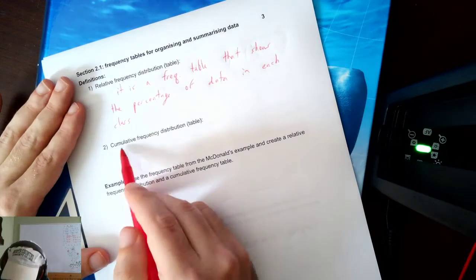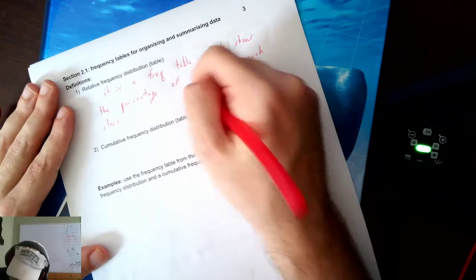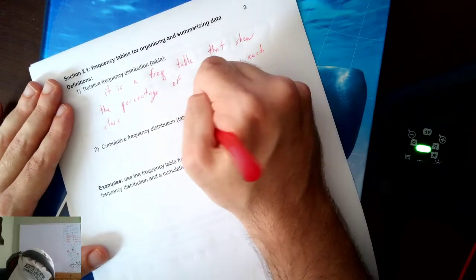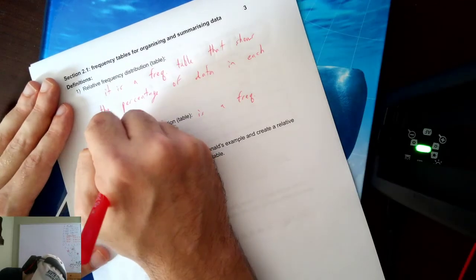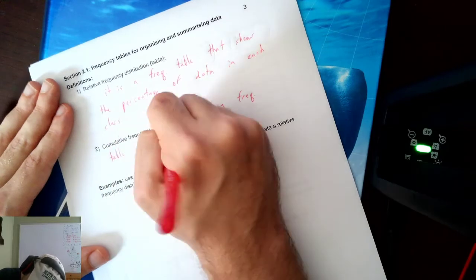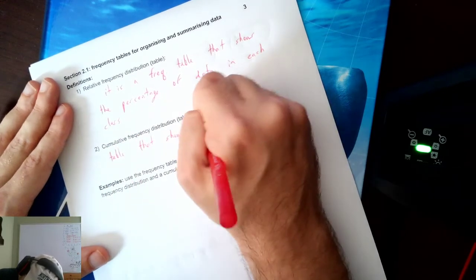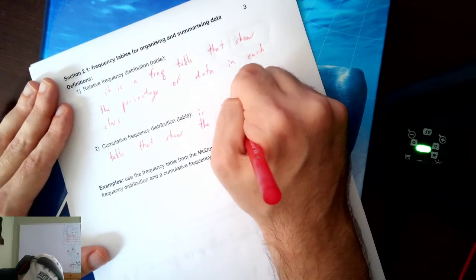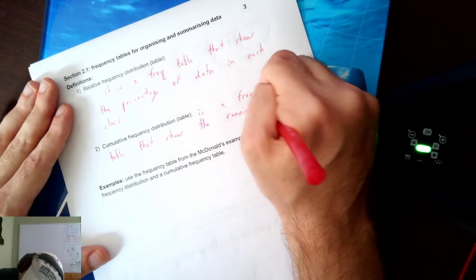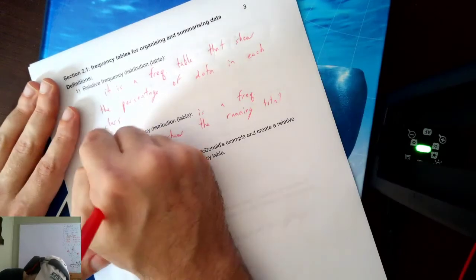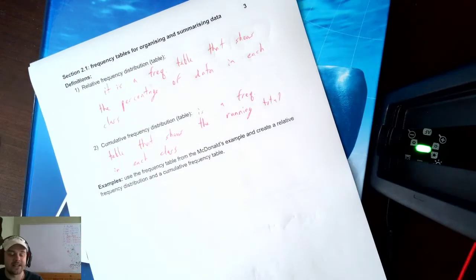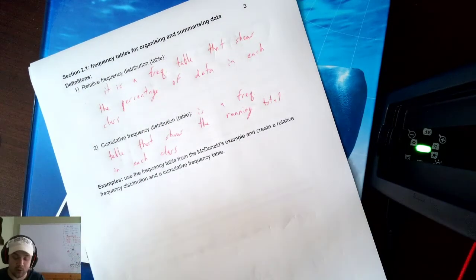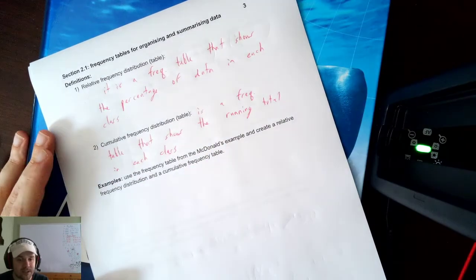And then a cumulative frequency distribution is a frequency table that shows the running total in each class. So for a cumulative table, you keep a running total. For a relative table, you keep a percentage.